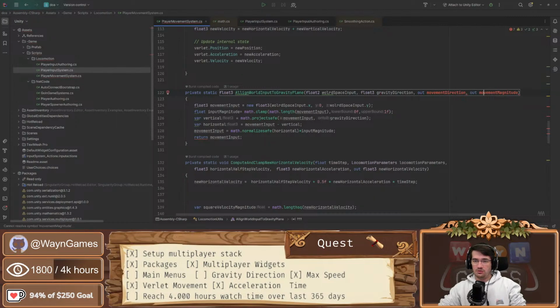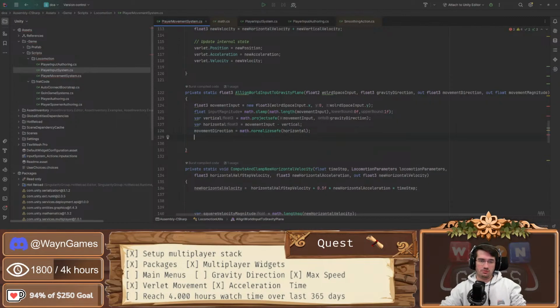Direction, movement magnitude. This is float 3, and this is just a float. The movement direction will be this. And the movement magnitude is this. Oops, too much. And I don't redefine it.